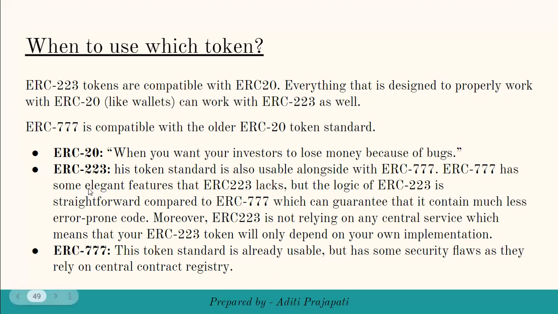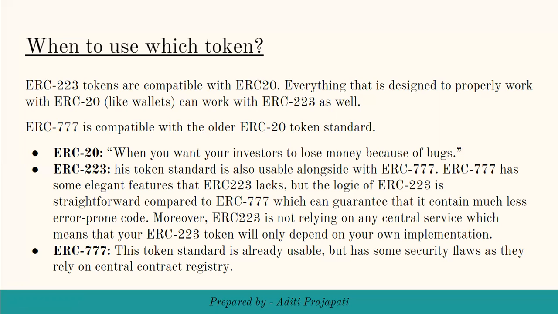And ERC777 has some elegant features that ERC223 lacks. But the logic of ERC223 is straightforward, whereas the logic of 777 is kind of complicated, or more error prone. Also, ERC223 is not relying on any central registry, right?